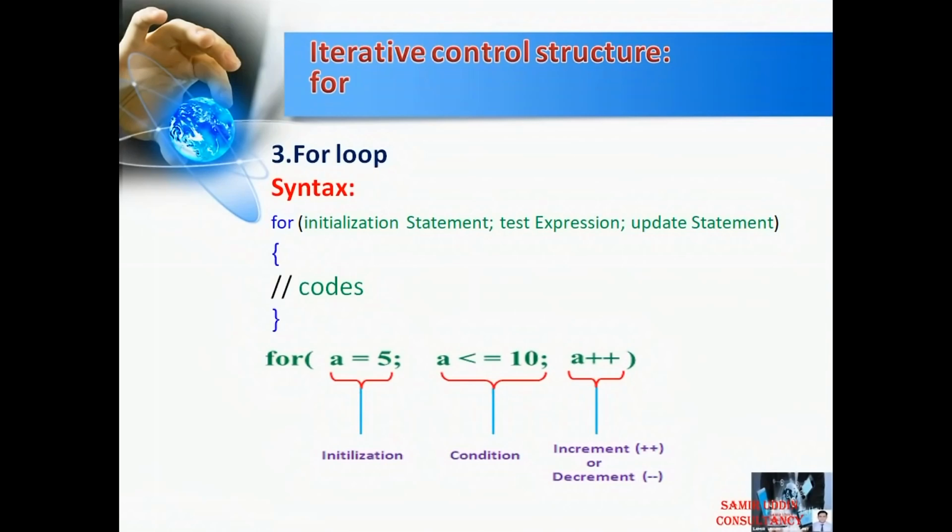So, if you have a piece of code and it needs to execute again and again, then instead of writing it many times, just write it once and put it in a loop. And this loop will be executed many times.